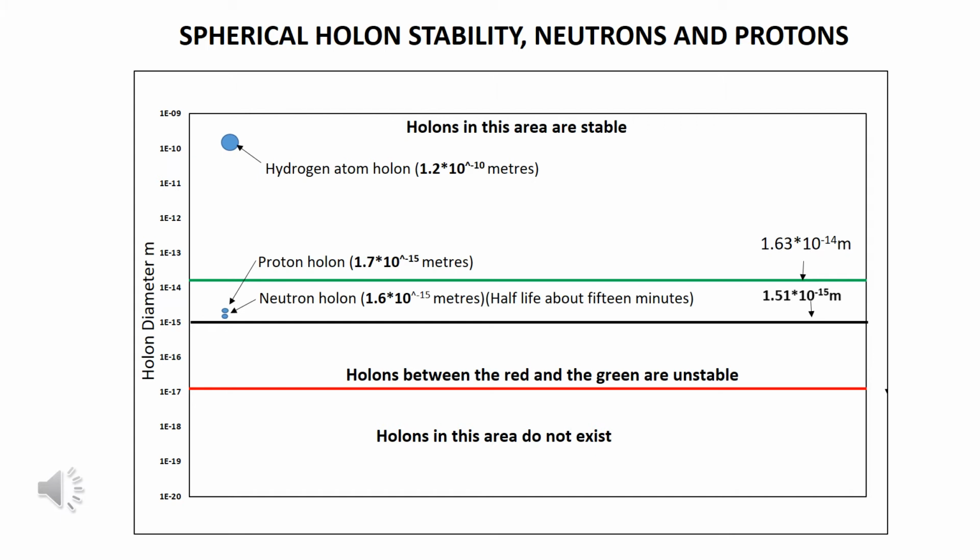The anomaly is that the proton and the neutron have very similar sizes, 1.7 times 10 to the minus 15 meters and 1.6 times 10 to the minus 15 meters, respectively. So why, as far as we know, is the proton holon stable and the neutron holon unstable? We need to look at the products of neutron instability.